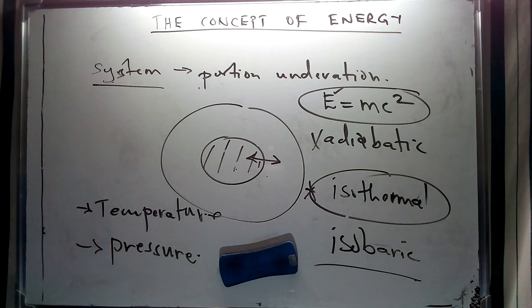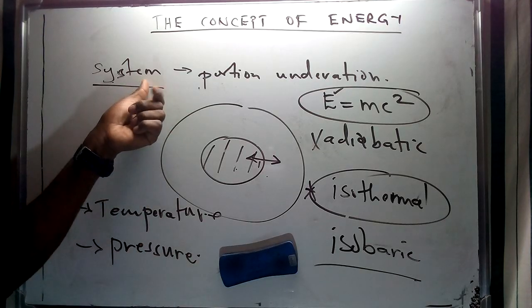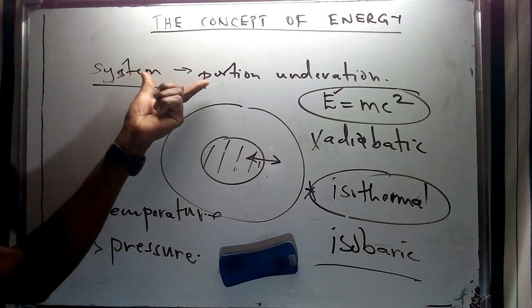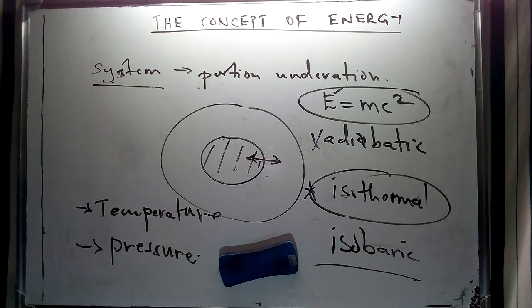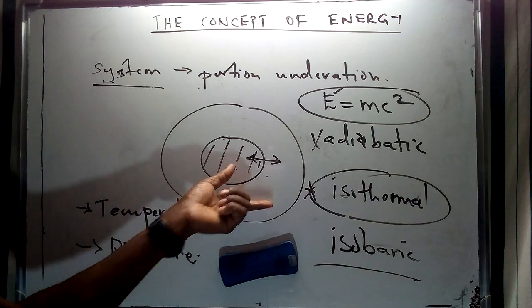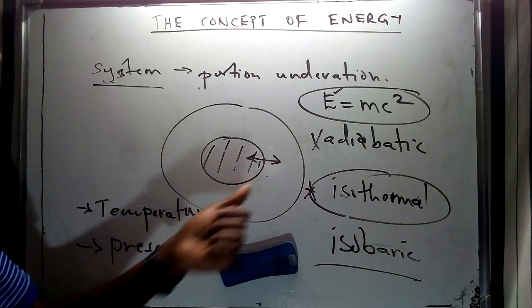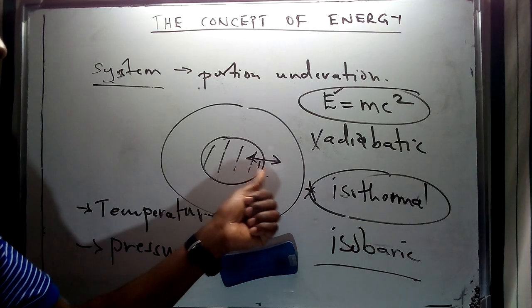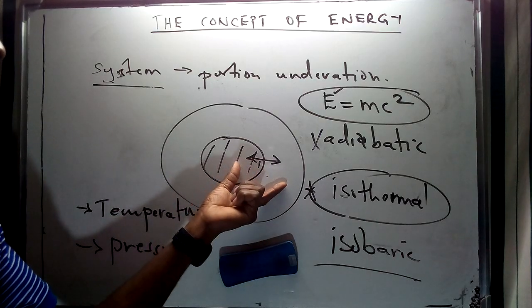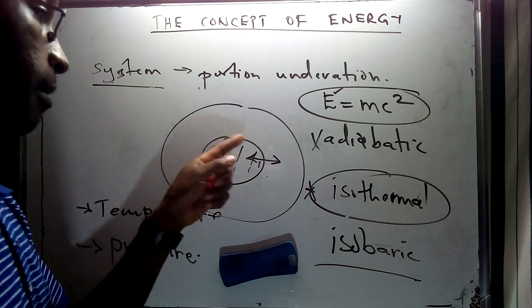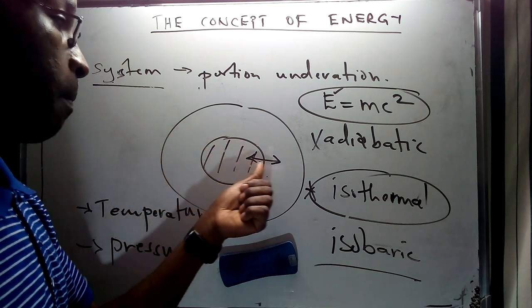And I said that we are going to consider a portion of matter which we are going to refer to as a system. And this portion of matter is going to be separated from its surrounding by what we refer to as a boundary. Now, in this specific case, there's going to be interaction between the system and the surrounding, in a sense that there's going to be transfer of matter between them, and therefore we refer to this type of boundary as an open boundary.